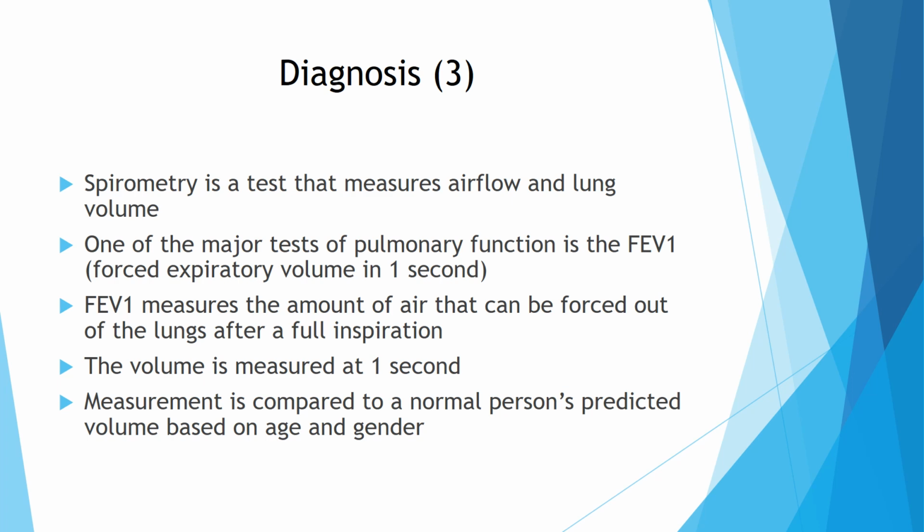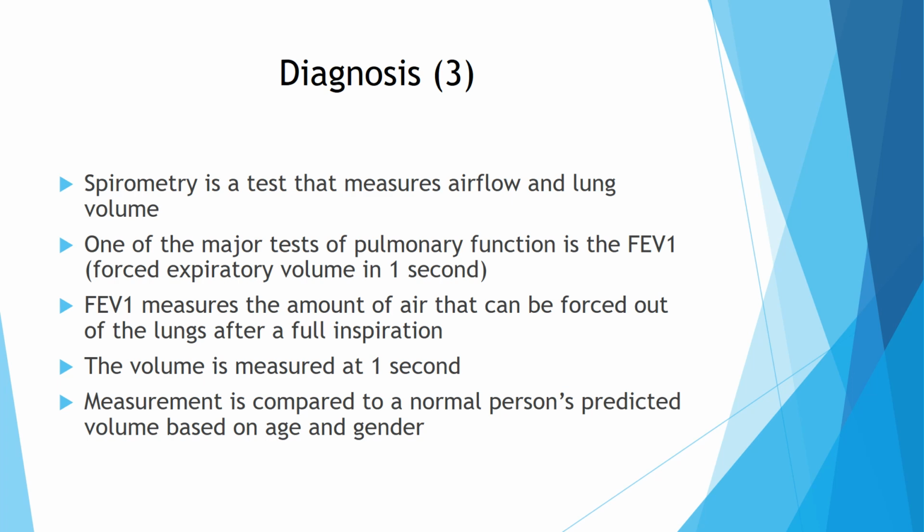And then this volume is measured at 1 second. So what happens is when they are going for this test, they are going to be instructed to breathe in as deeply as they can. And then we are going to measure the expired air for 1 second.